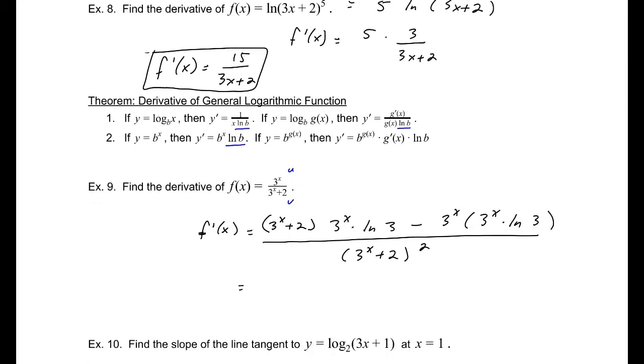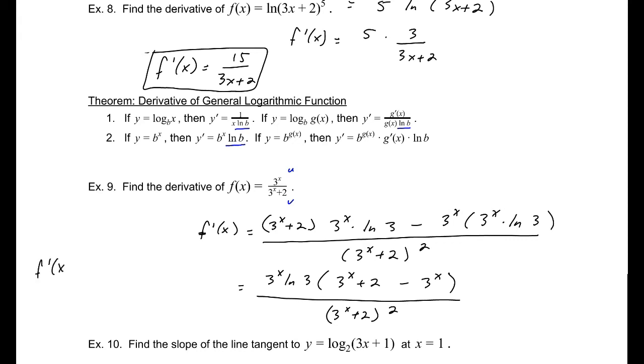So we can take the 3 to the x, we'll factor out the 3 to the x times natural log of 3, which leaves a 3 to the x plus 2 minus 3 to the x, all over 3 to the x plus 2 squared.